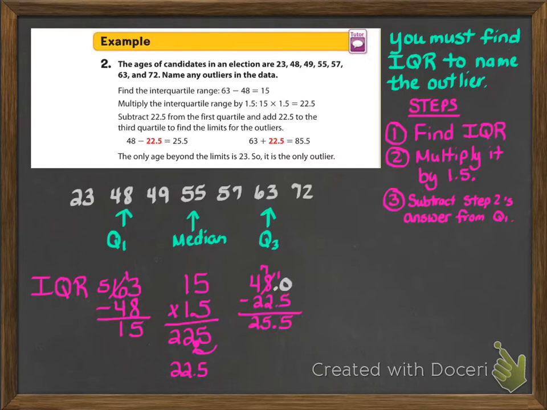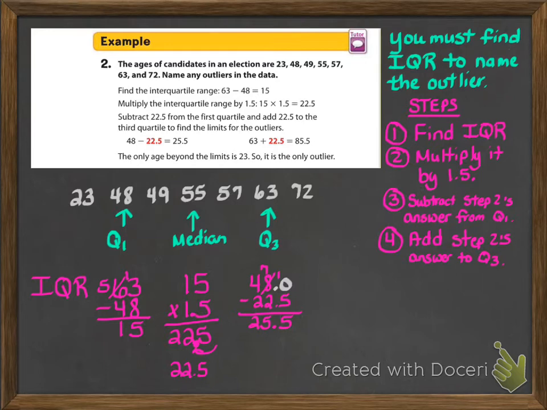Now, that 25.5 is going to be our lower end of the range for our outliers. This will make sense in a minute once I do the fourth step. So keep the 25.5 in mind. Now, step 4, you're going to add step 2's answer to quartile 3. Now, step 2, let's remember this one.